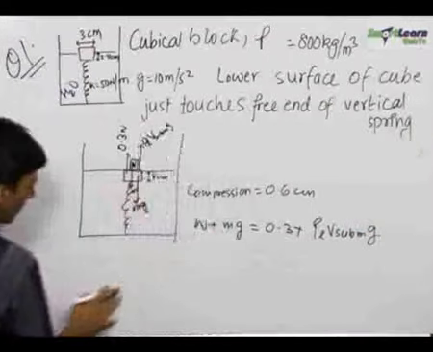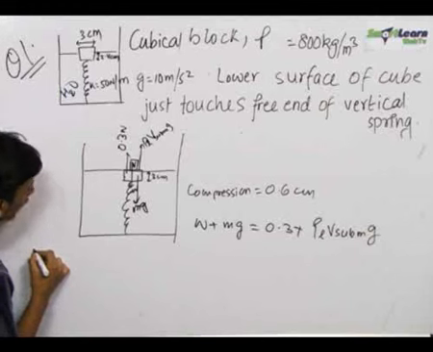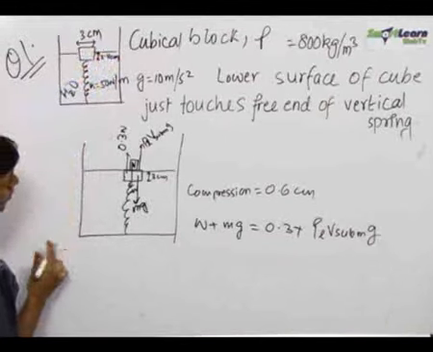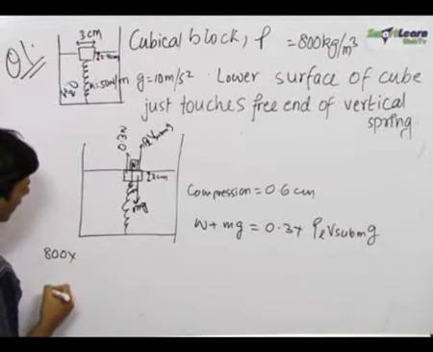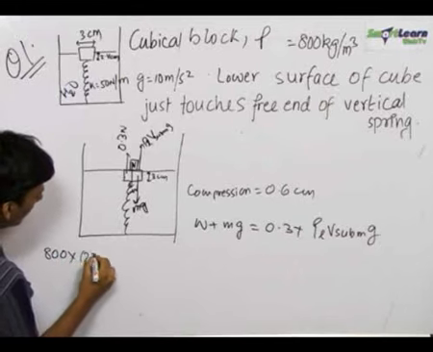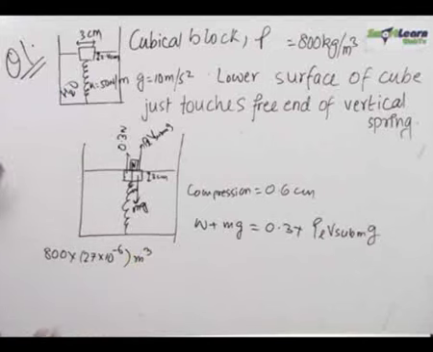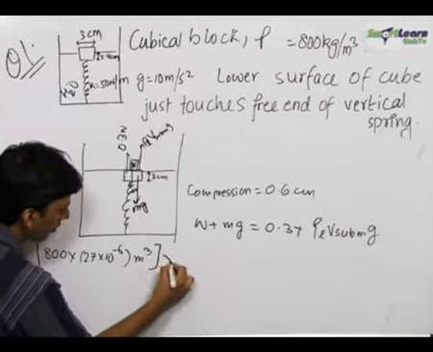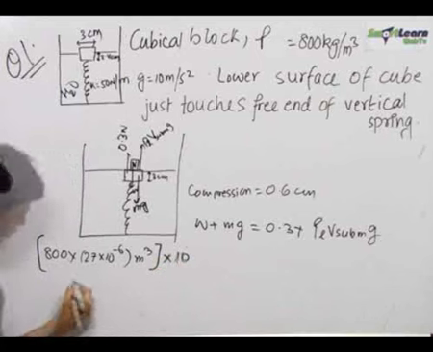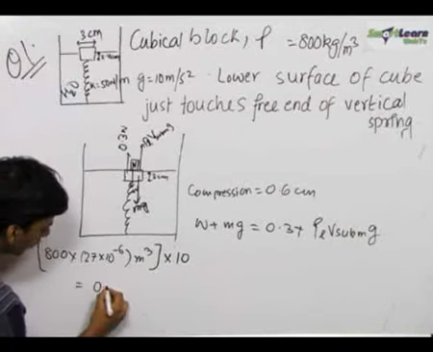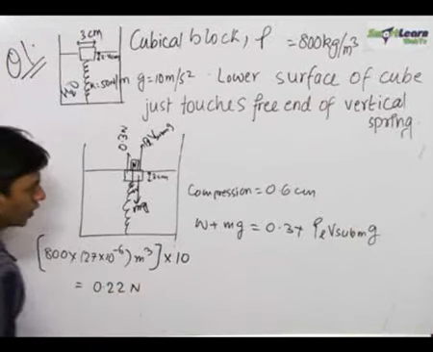Let us calculate mg first. The mass of the object is equal to the density into the volume, that is 800 into the volume, 27 into 10 raised to the minus 6 meters cube. This mass multiplied by 10 gives us the weight of the object, that is equal to 0.22 newtons.